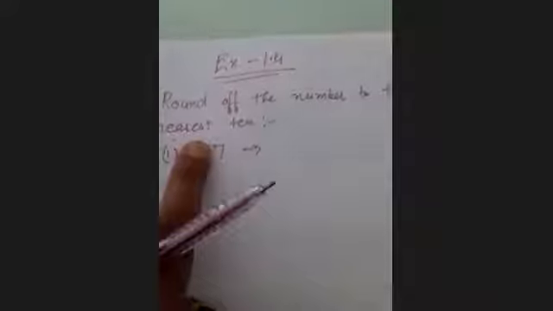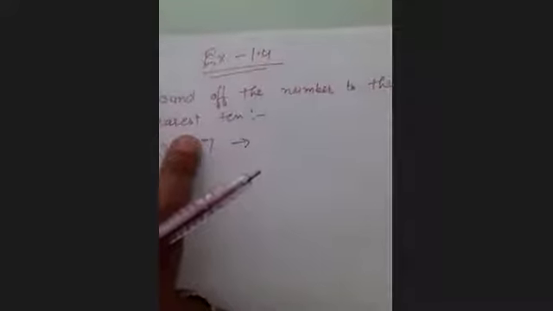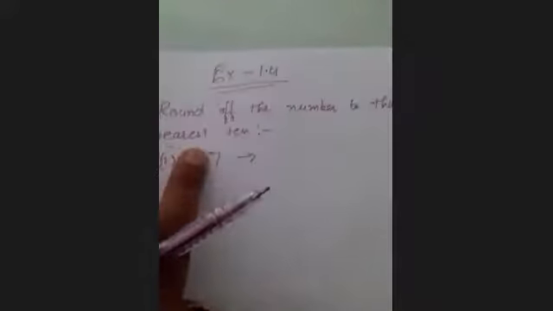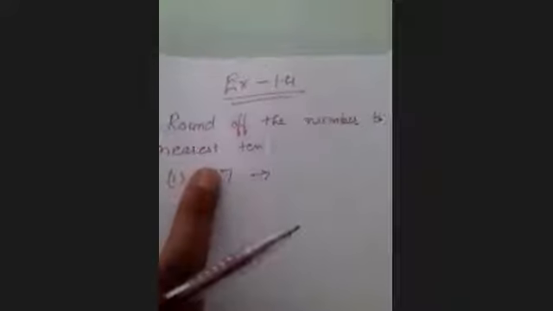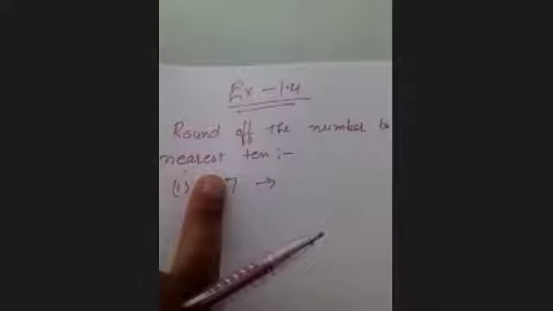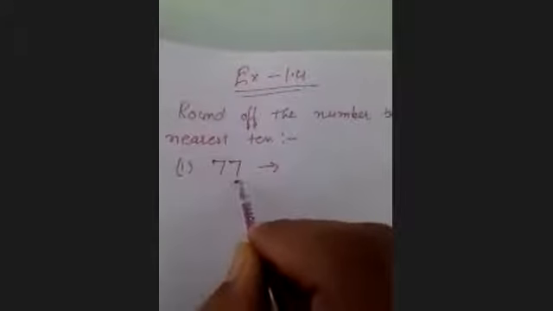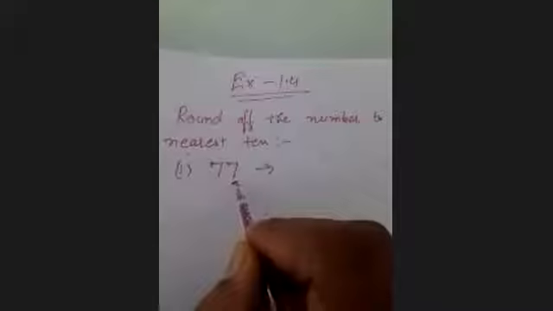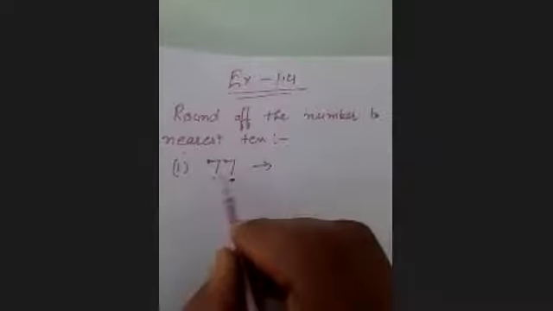Ones, tens. Now put your finger on the tens place value and observe the next number. If the next number is 5 or greater than 5, then our value will be 80.